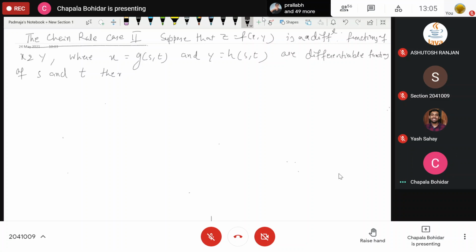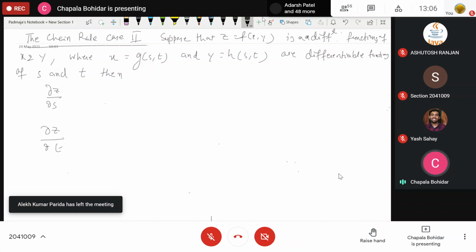Then z is a function of x and y. See here, x and y both are functions of two variables, so directly z is a function of the two variables. So we'll write it like this: del z by del s and del z by del t, not dz by ds, not dz by dt, because directly it is a function of two variables.